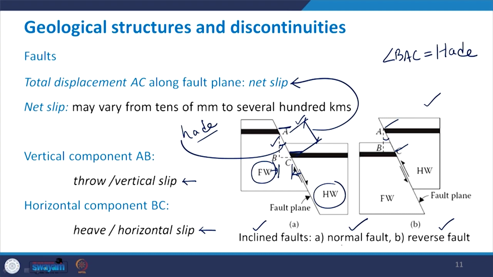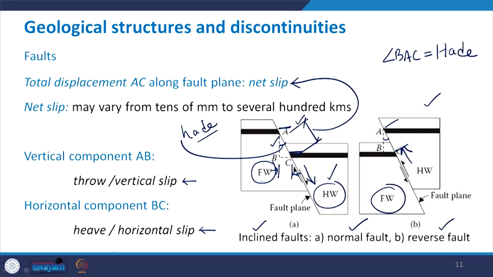So first focus on the normal fault. In this case, the HW, that is hanging wall, appears to have moved downwards, relatively downwards as compared to foot wall. Whereas in the reverse fault, it is the other way round, that is this hanging wall appears to move upward as compared to this foot wall.